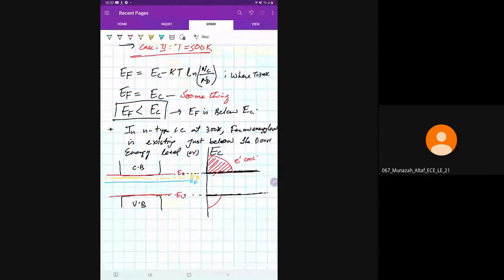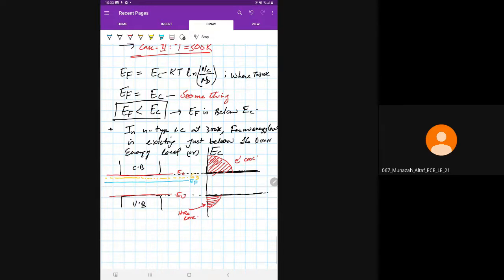We know that the minority carrier concentration in an extrinsic semiconductor is very less, while the majority carrier concentration is very high. So electrons are the majority carriers and they exist in the conduction band. Therefore, their concentration will be very high, while the hole concentration, represented by a smaller area, will be very small.